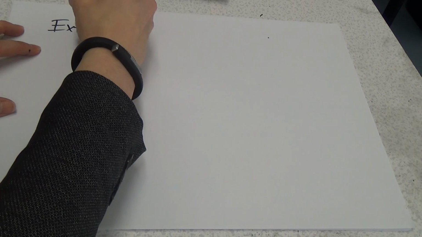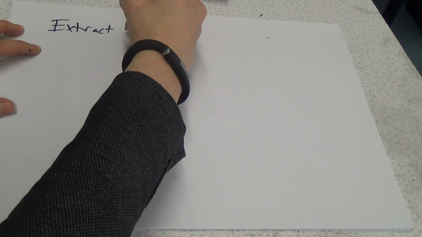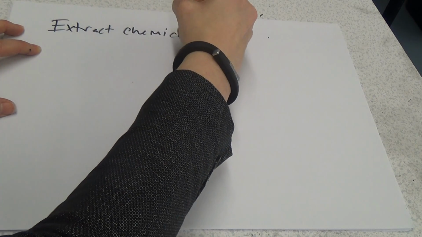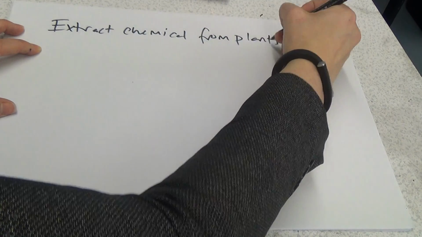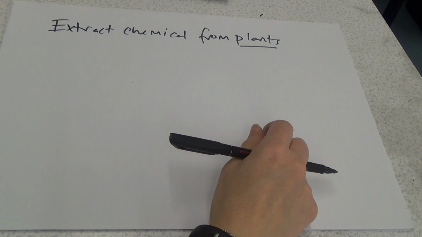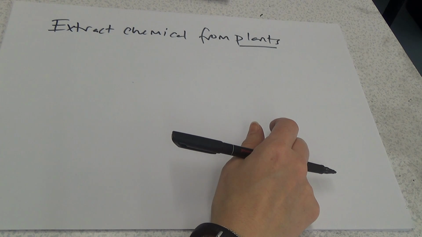To make a lot of pharmaceuticals, the chemicals that we initially find tend to come from plant matter. So extracting chemicals from plants is an important part of the pharmaceutical industry.